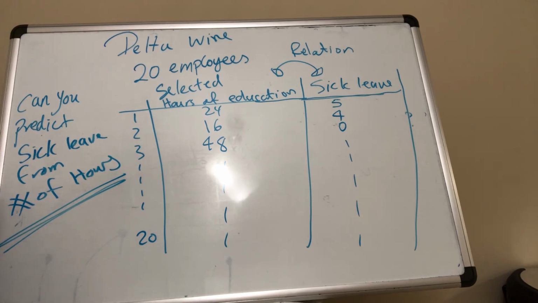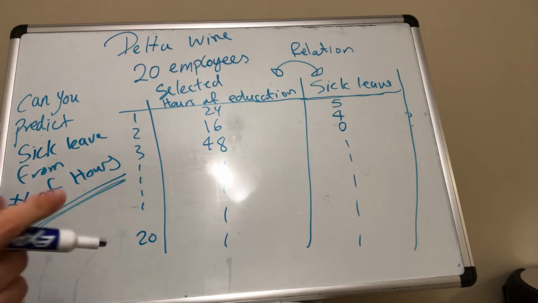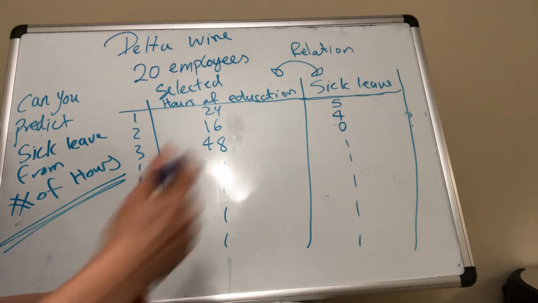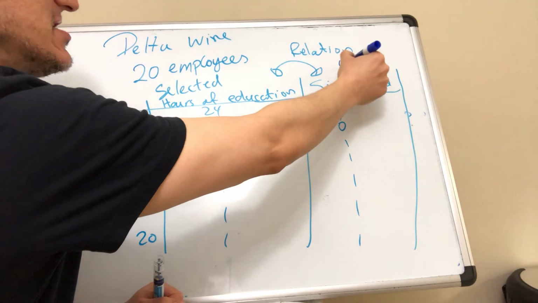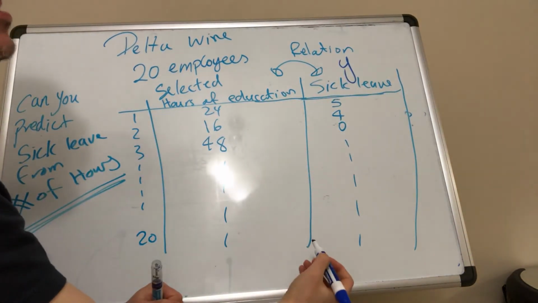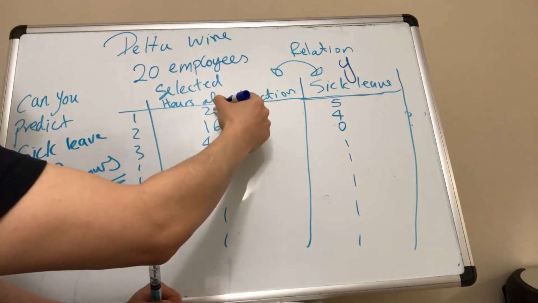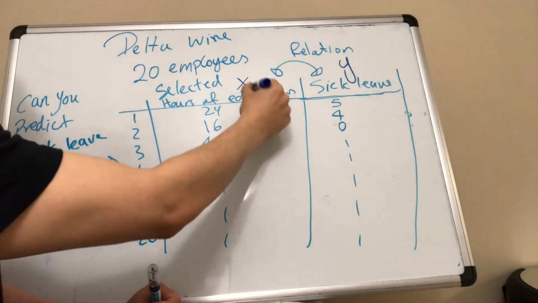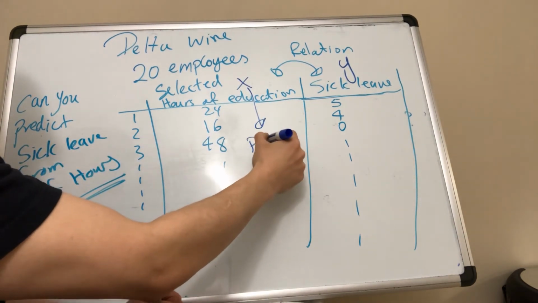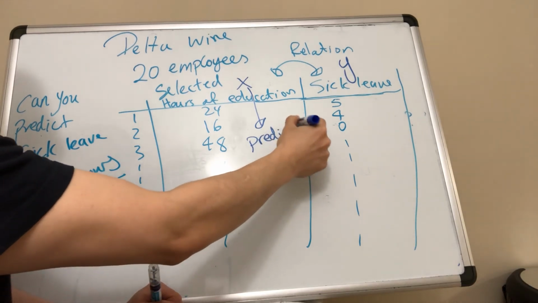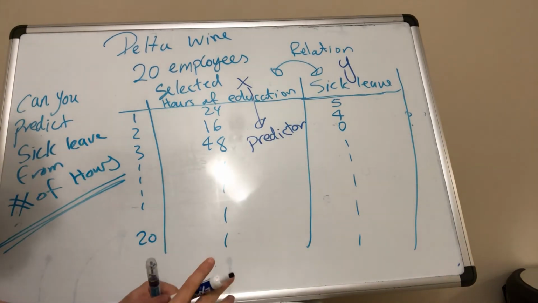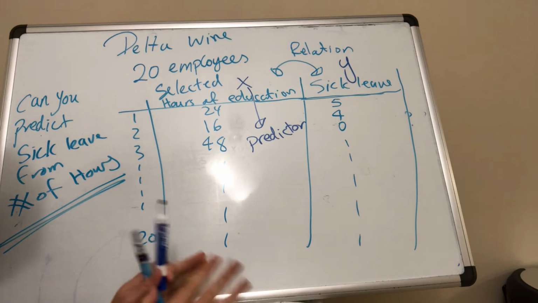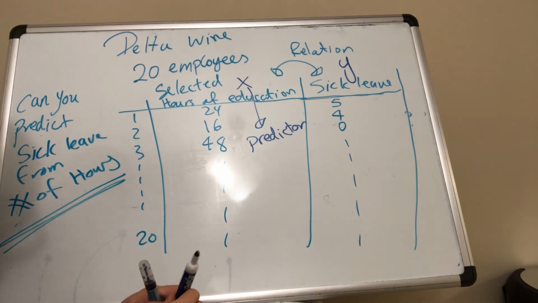As I told you in the beginning, whatever you're trying to predict, we consider this to be Y. If you're trying to predict sick leave, then this is your Y. And you're using hours of education, then this would be your X predictor.